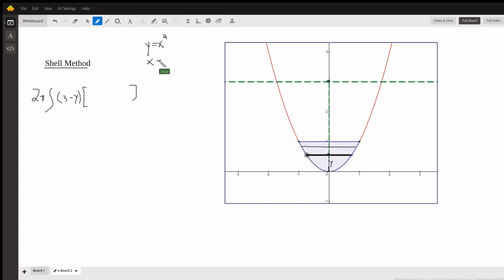So x equals plus or minus the square root of y. And so the x coordinate of this point is, for every y, we take the opposite of the square root of y. That's the x coordinate of this point. For every y, we take the square root of y for the x coordinate of this point.